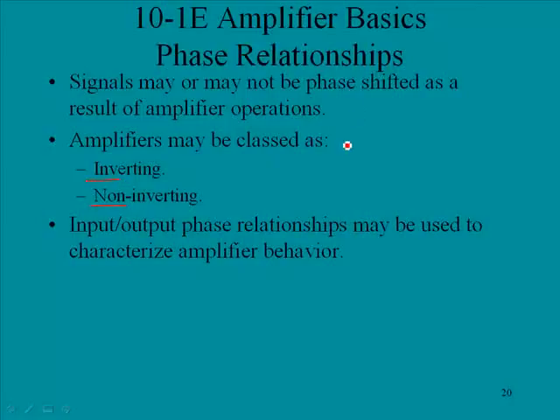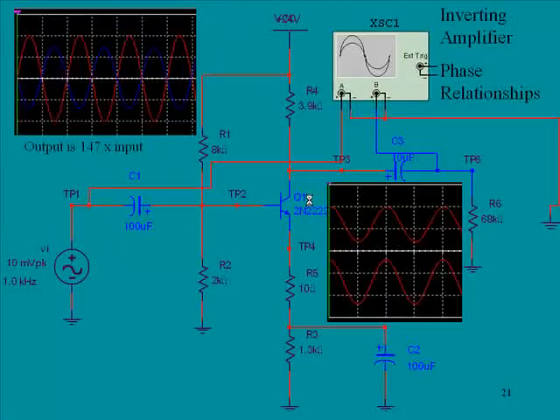Inverting would mean that we have an input and our output is out of phase with the input, and with the non-inverting we would have an input and the output would be in the same phase relationship. Input-output phase relationships may be used to characterize amplifier behavior.